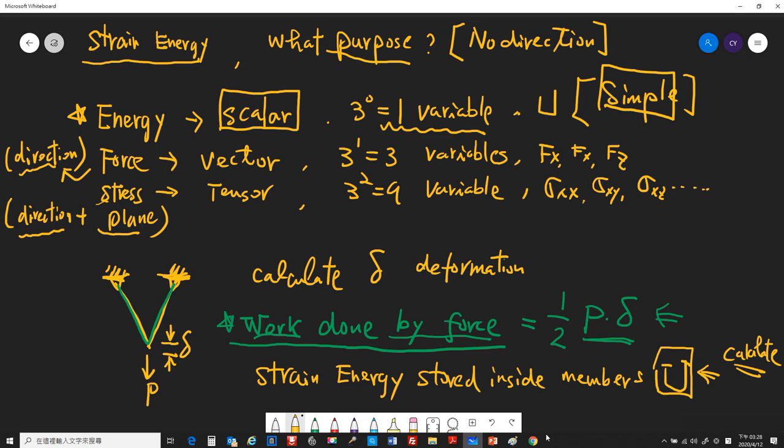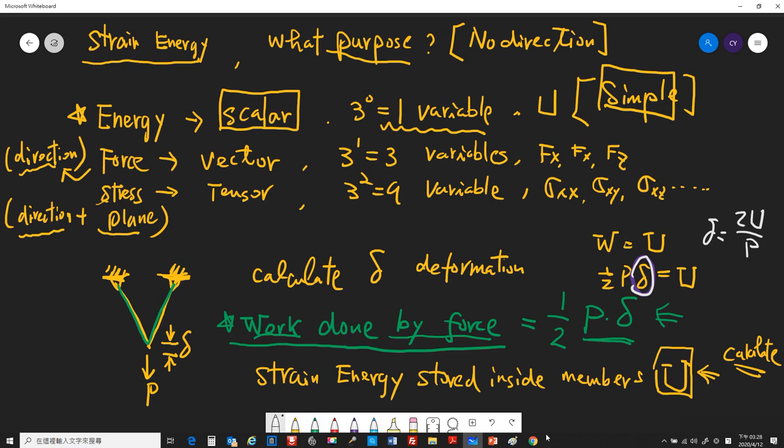So in this case, if work is equal to strain energy, you can write it equal to U. So it's very easy to get delta. So delta is equal to U over P, yes, like this.